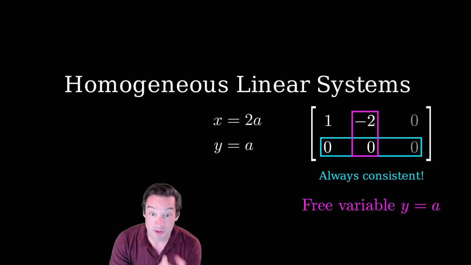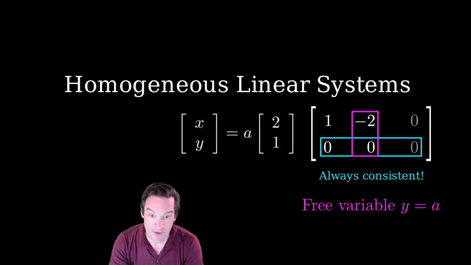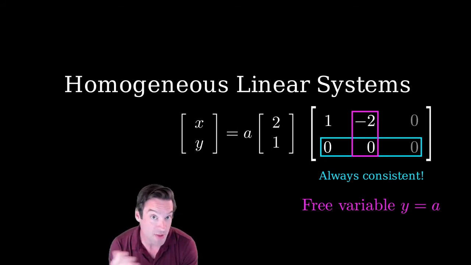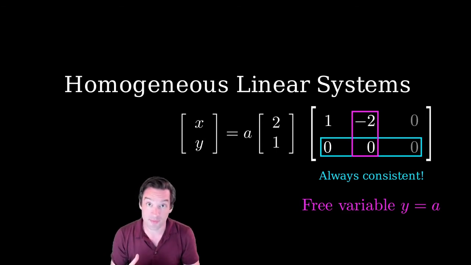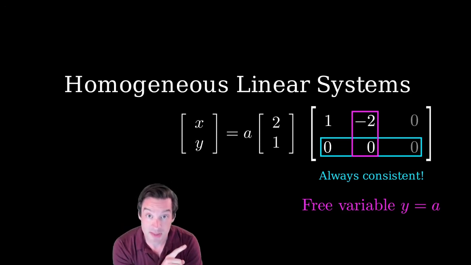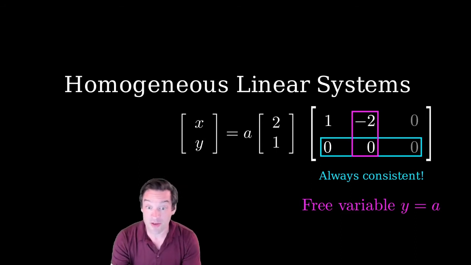and then repackage this solution in its vector form instead, what we find out is that the set of solutions to a homogeneous equation, or at least to this homogeneous equation, forms a vector subspace of R2. And the reason we know that is that this set of solutions is explicitly being written as the set of all linear combinations of a particular vector.